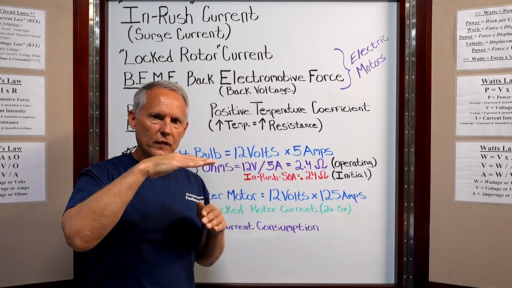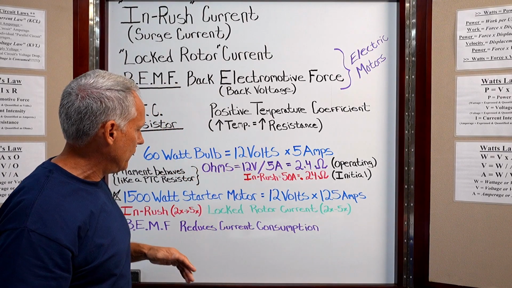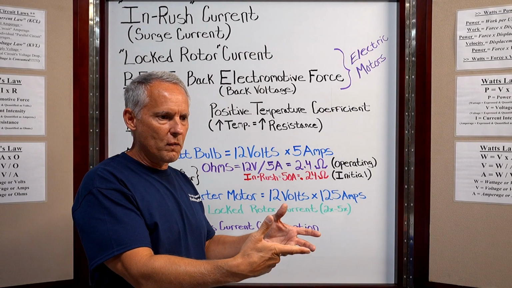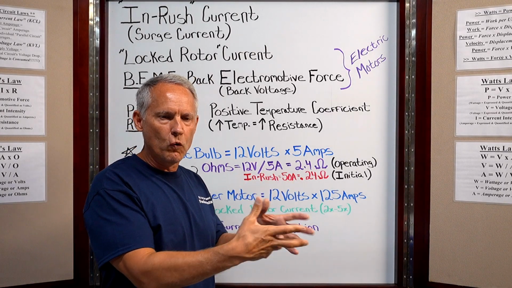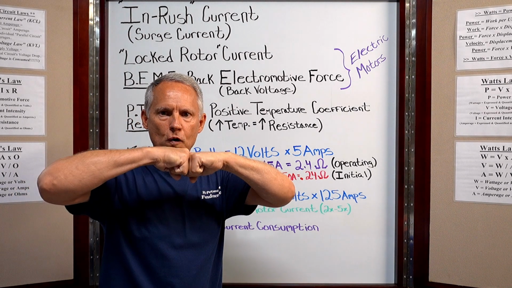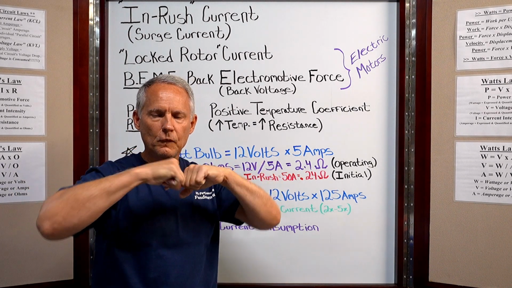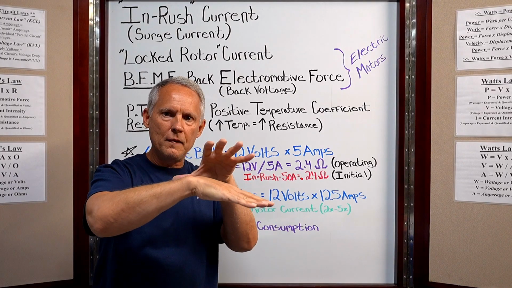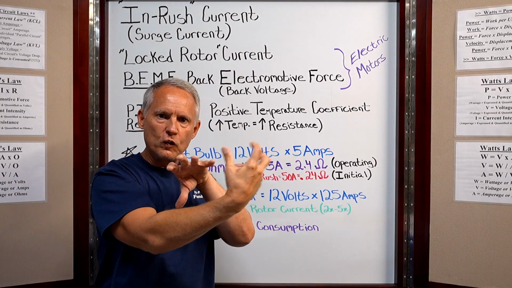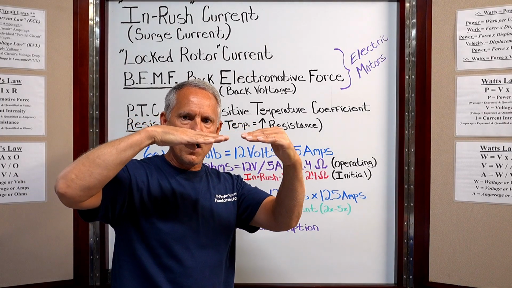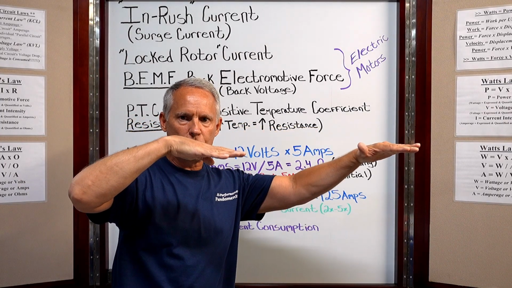When it levels off, what you are seeing is the net effect: the current flowing into the starter motor, and at the same time the back current or back voltage that it's meeting. So now you have a leveled off amount of current and voltage.